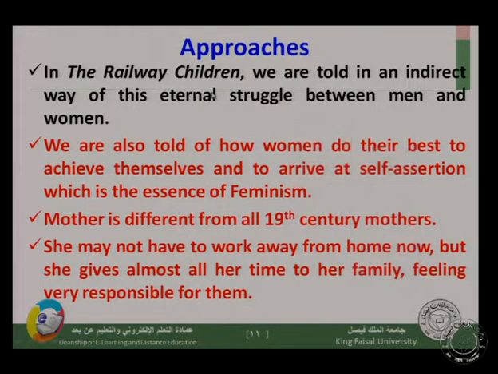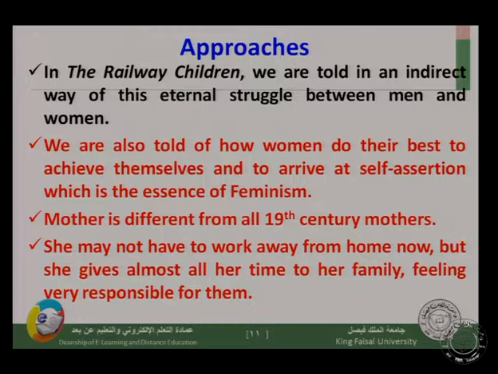In The Railway Children, we are told in an indirect way of this eternal struggle between men and women. Please pay attention. Every word I'm saying here is important. Indirectly. The writer wants to serve the issue of feminism, to support women, but she does that in a beautiful indirect way, because to do so in a direct way would be rough and vulgar and revolting.